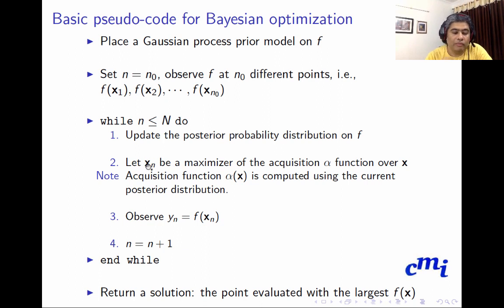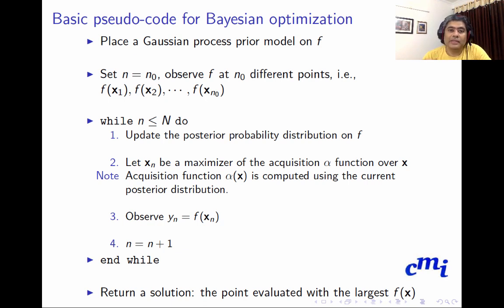Now you try to find where the acquisition function alpha of x is optimal, and that xn is your next point where you must evaluate f of xn plus 1. Then you just increase n to n plus 1 and go back to the next iteration.